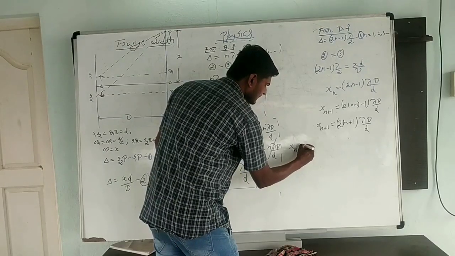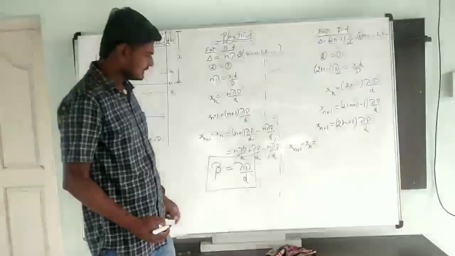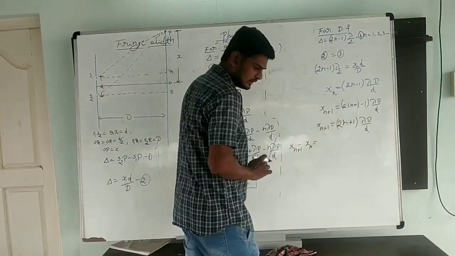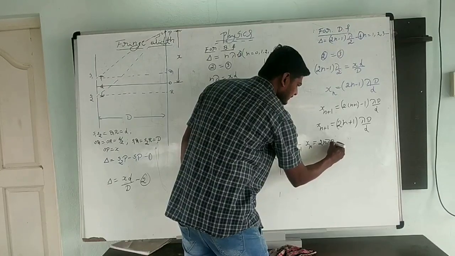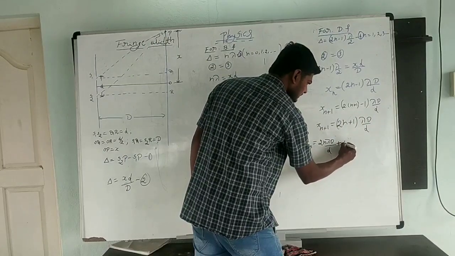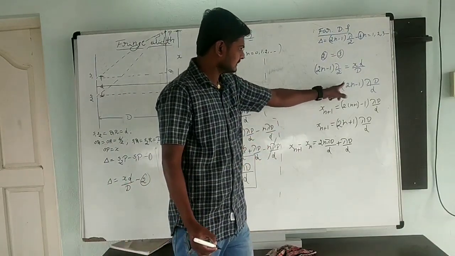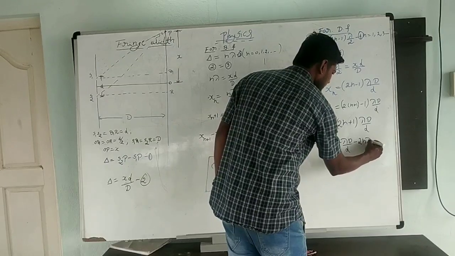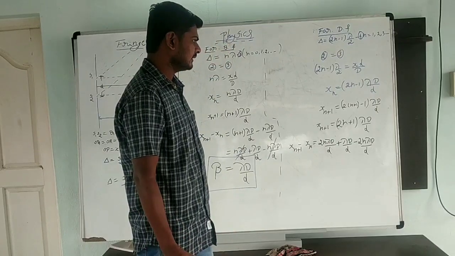X(n plus 1) minus xn. I am going to multiply lambda D here itself. 2n into lambda D means 2n lambda D divided by small d. Again 1 into lambda D means plus lambda D divided by small d. Minus this one, minus 2n into lambda D divided by d.